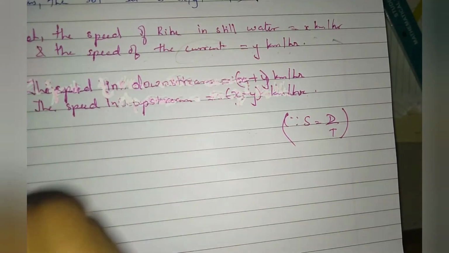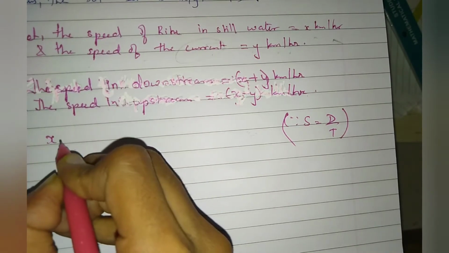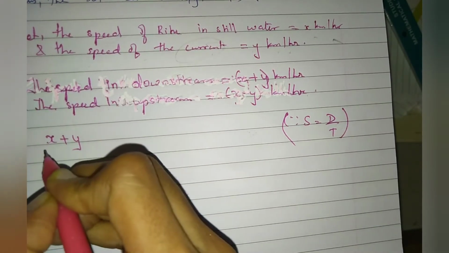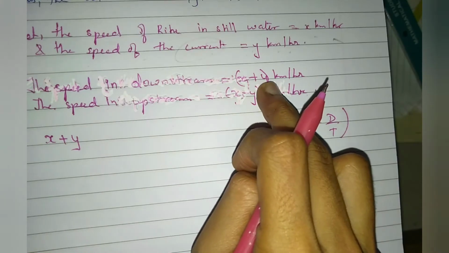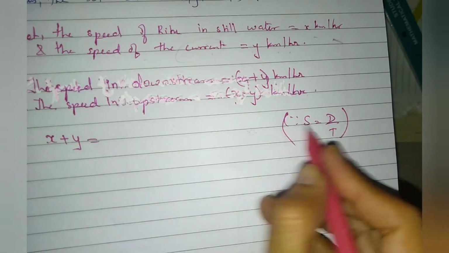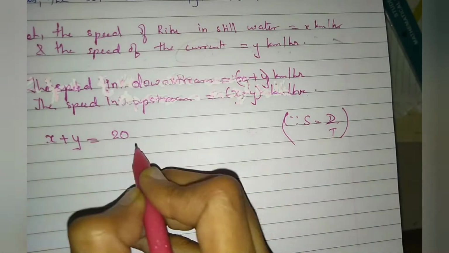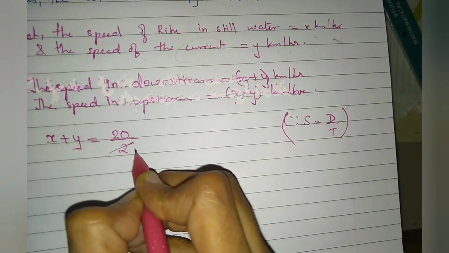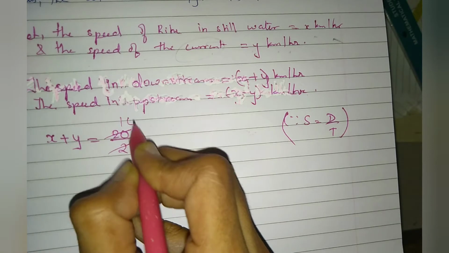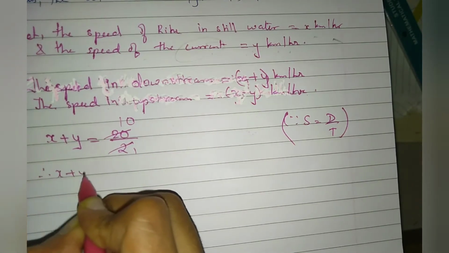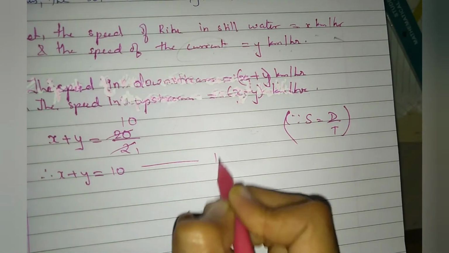So what we can do, the first equation is x plus y for the downstream, right? So we are using x plus y equals, the distance is 20 km and time is 2 hours. So 2 ones are 2, 2 tens are 20, therefore x plus y equals 10, first equation.